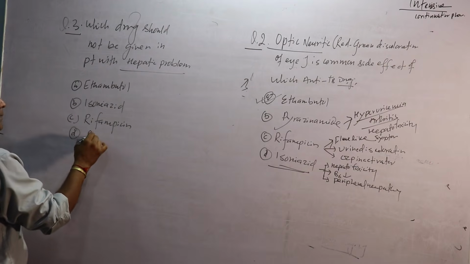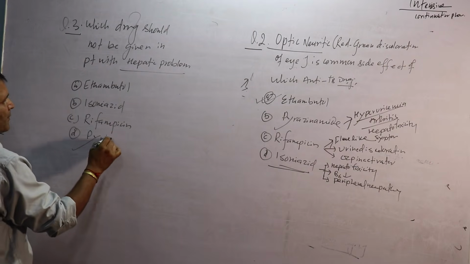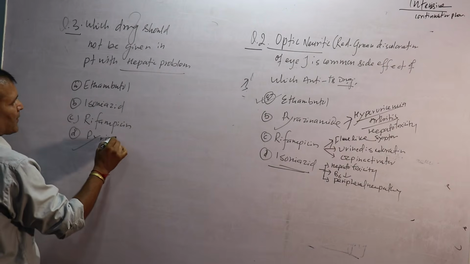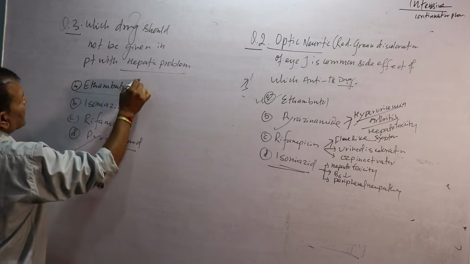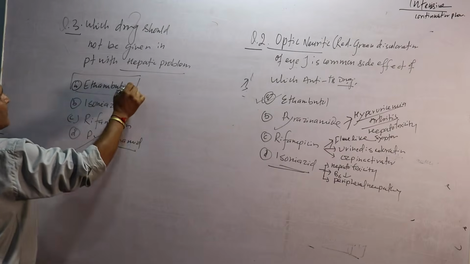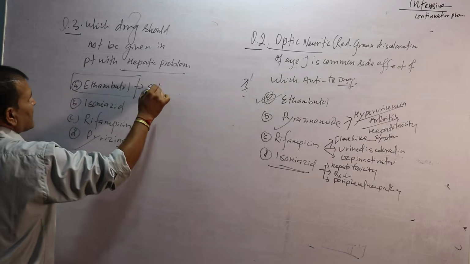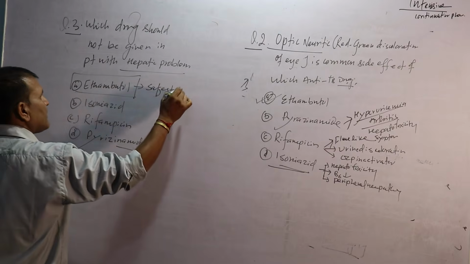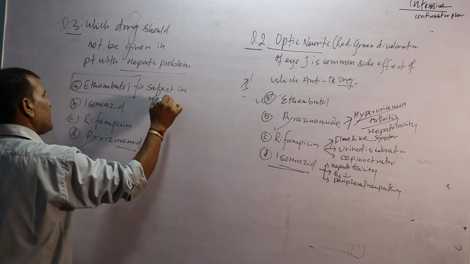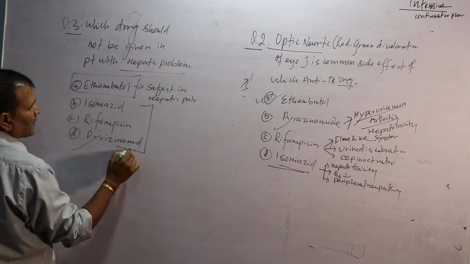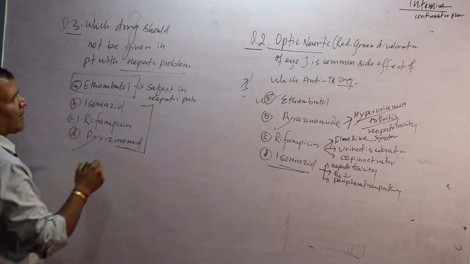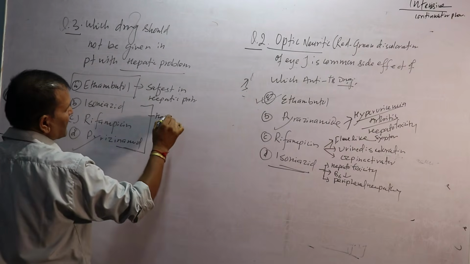D, pyrazinamide. Among all, ethambutol has no hepatotoxicity; it is the safest in hepatic problem. All three options B, C, D have hepatotoxicity.